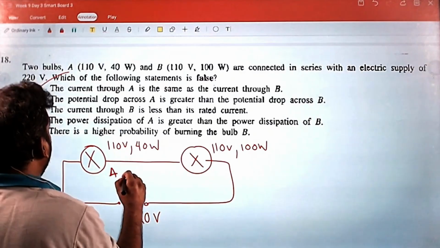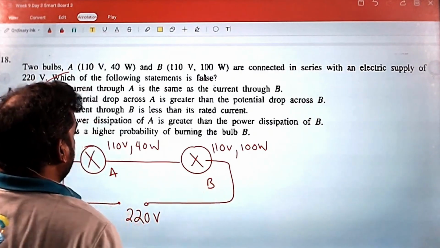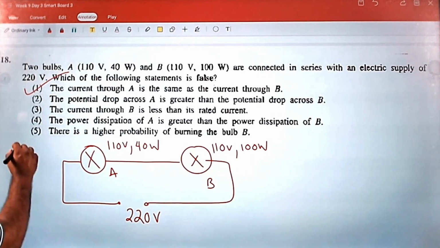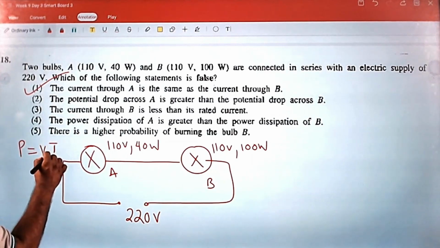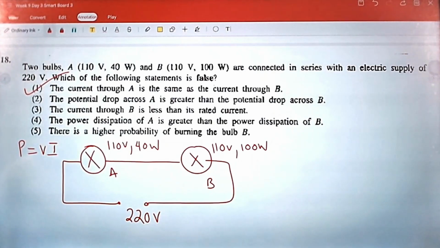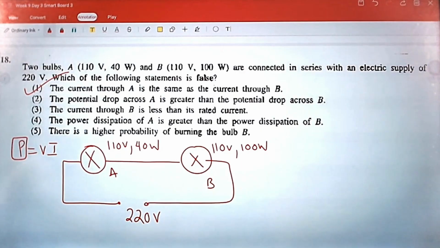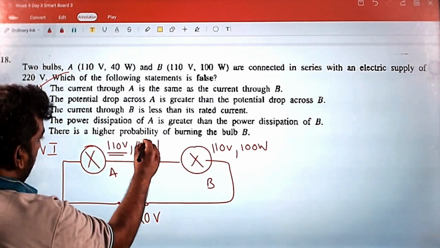So if I take A and B, the potential drop across A is going to be large. Power is equal to VI. Power is 40 watt and voltage is large.